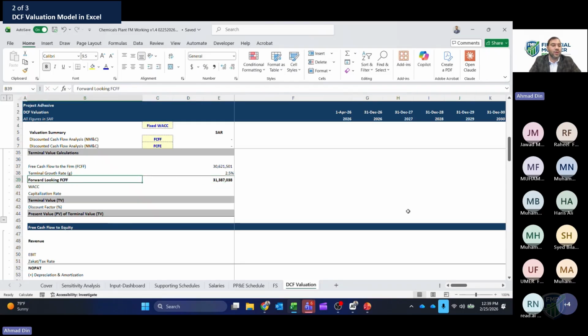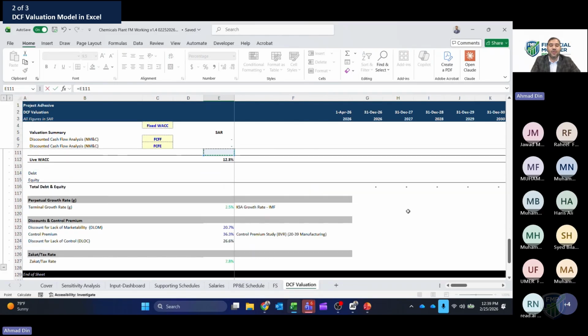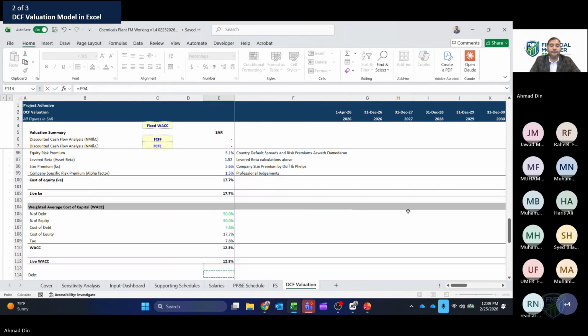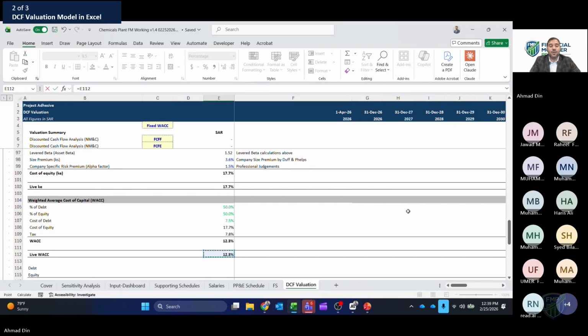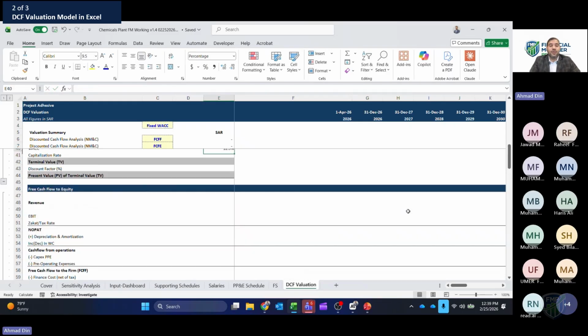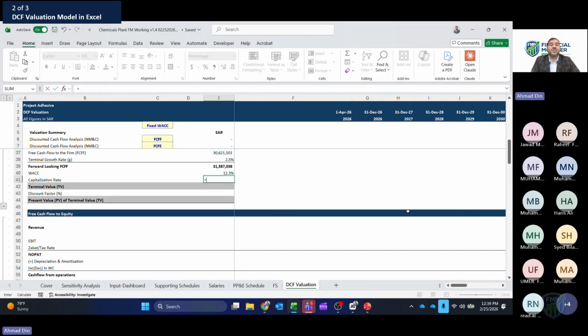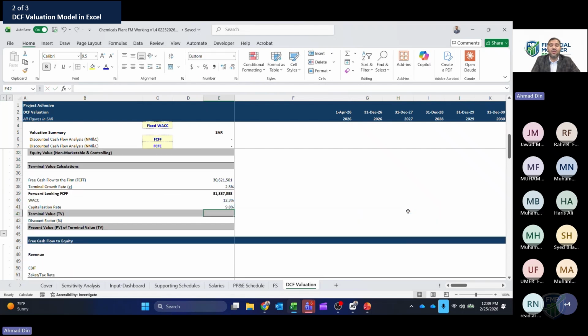Then we have WACC, which we already calculated. Capitalization rate is equal to WACC minus growth. So now we can have our terminal value.